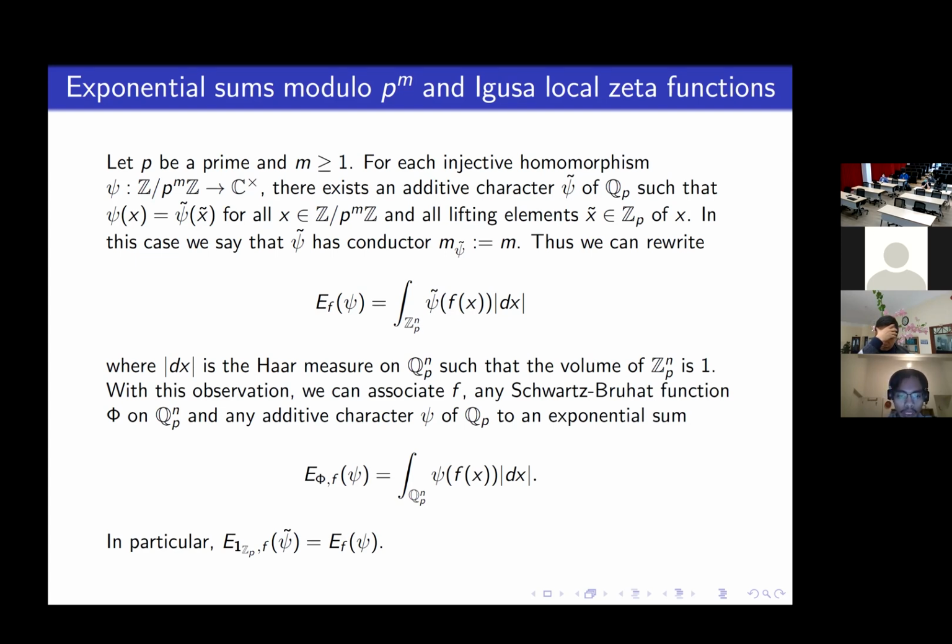And we know that with this notation, we have that 1_{G_p}(f, psi tilde) equals E_f(psi tilde), and 1_{G_p} is the characteristic function of the set G_p, which is equal to Z_p^n.